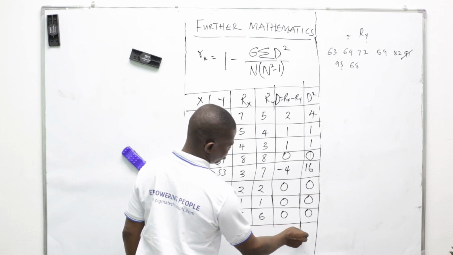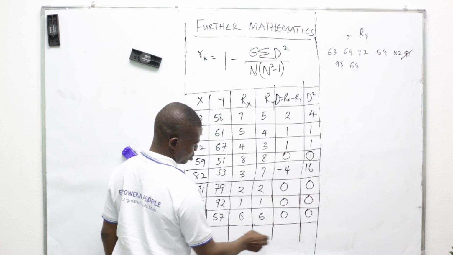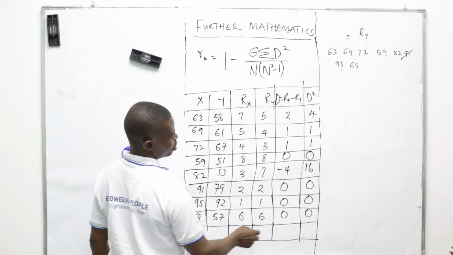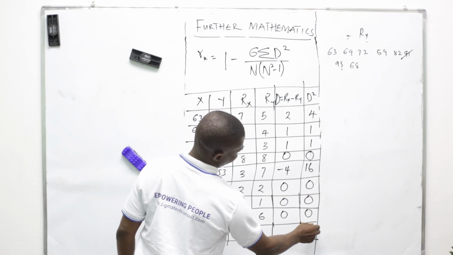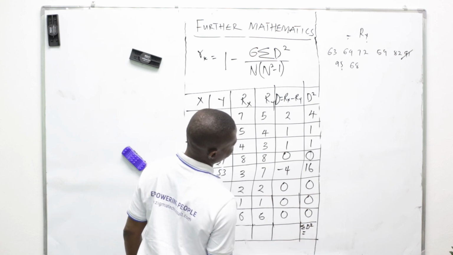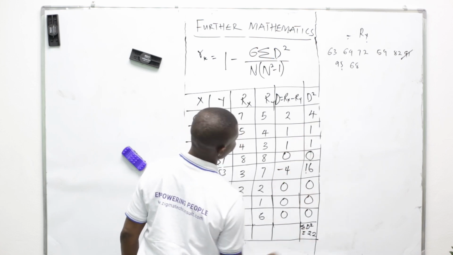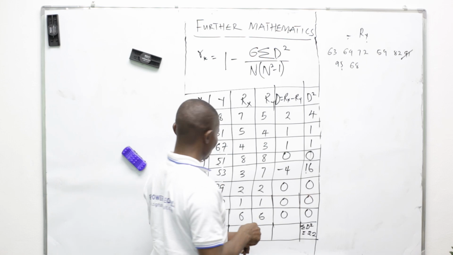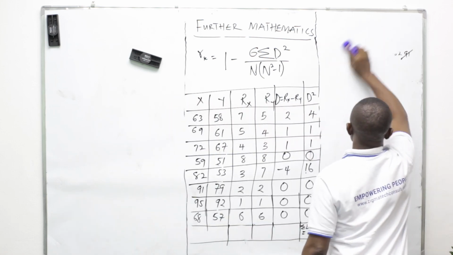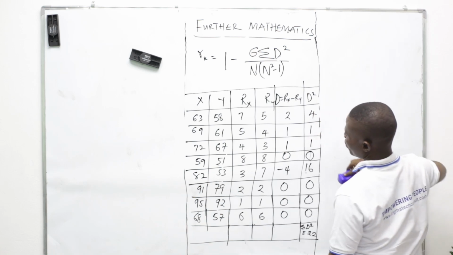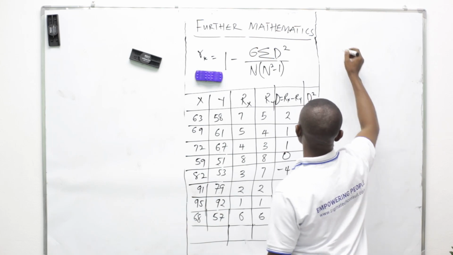Now, we need to get summation d square, which will give us 16, 20, 22. Now, if we have summation d square as 22, it is time to solve and provide solution to the problem given to us.